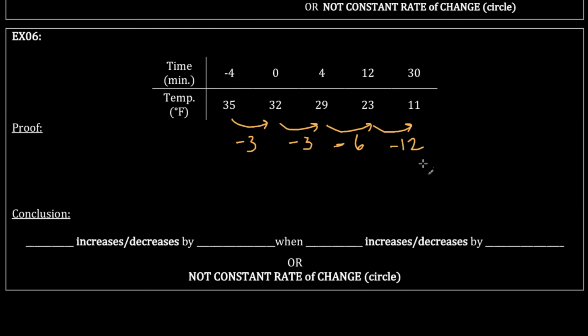Remember, nothing wrong. It just depends on these numbers up here. Oh, I forgot to put change in. I'll put change in degrees. Change in Fahrenheit. Okay, and this is change in minutes.